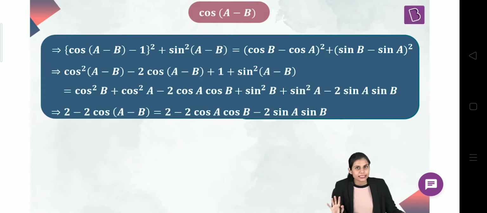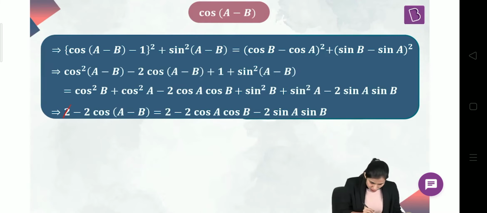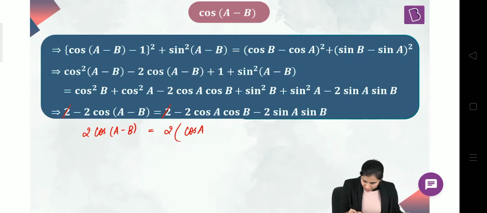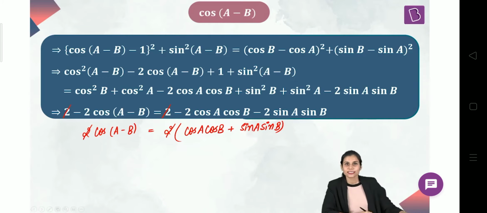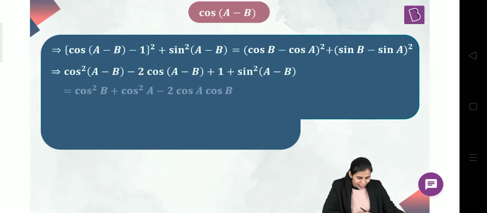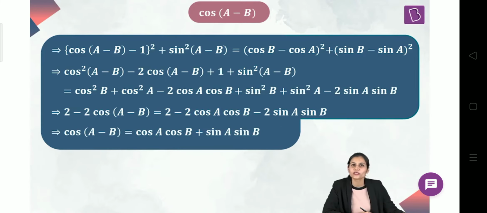Okay, let's simplify this further. So this 2 cancels out. I'm going to multiply both sides by a minus sign. I obtain 2 cos (A minus B) equal to twice of (cos A cos B plus sine A sine B). 2 cancels out. What do you have? You are actually just left with what you wanted.